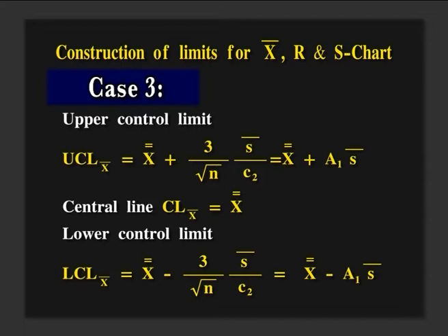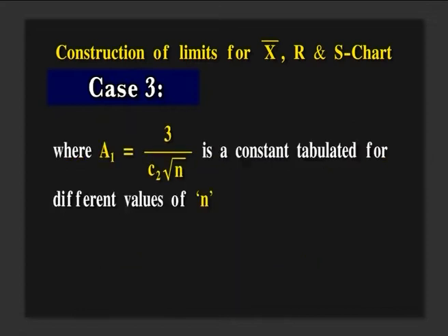Central line is x double bar, lower control limit is x double bar minus 3 by root n S bar by c2, or simplified as x double bar minus A1 S bar, where A1 is equal to 3 divided by c2 root n and is a constant tabulated for different values of n, readily available from the table of constants.